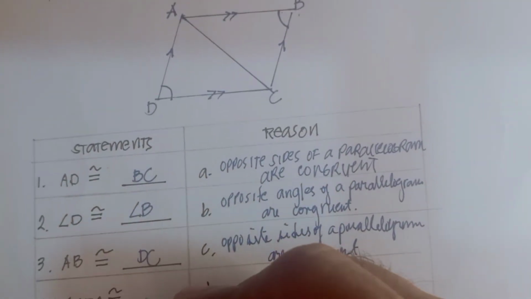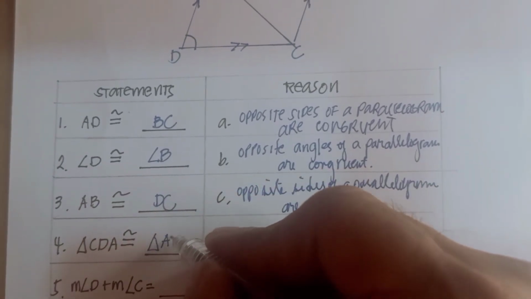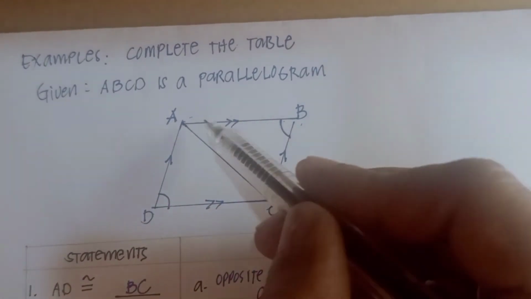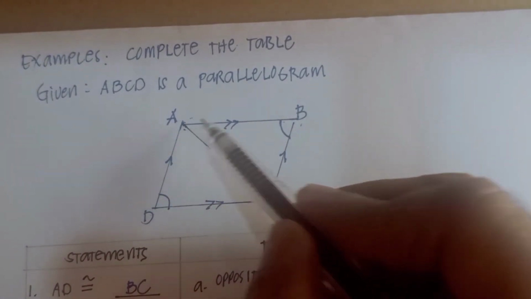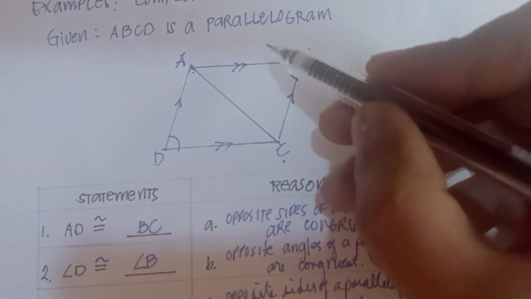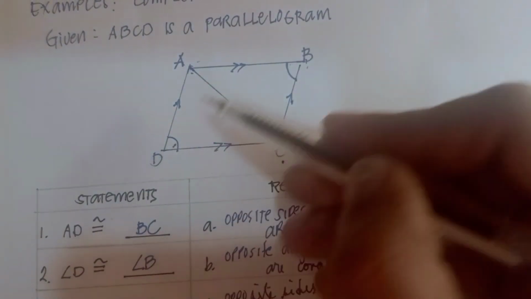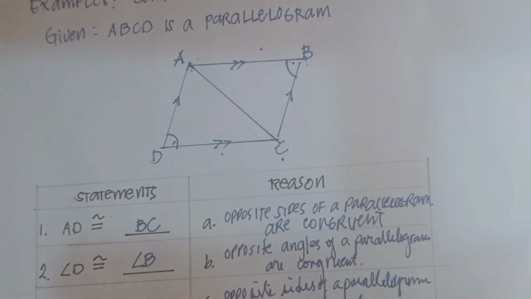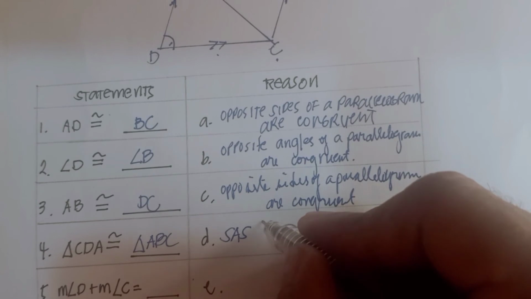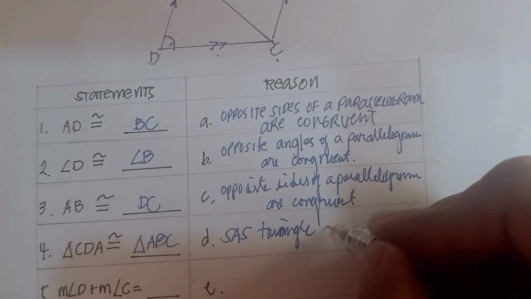Pwede natin sabihin triangle ABC. Tignan natin uli. CDA is congruent to triangle ABC. So, ang reason natin dyan will be here. Side, ito, angle, ayan, and then side. So, pwede natin ilagay dito na SAS triangle congruence.